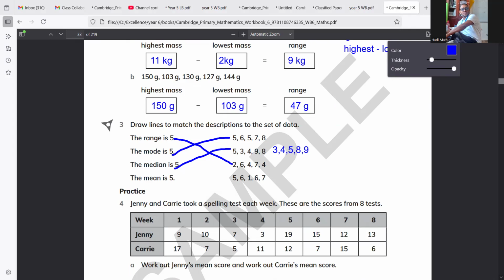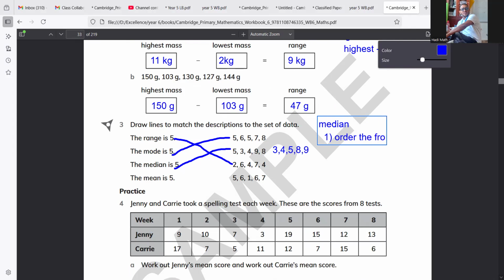And please remember, to find the median, you always do 2 steps. Step number 1, order them from lowest, or just say order them.